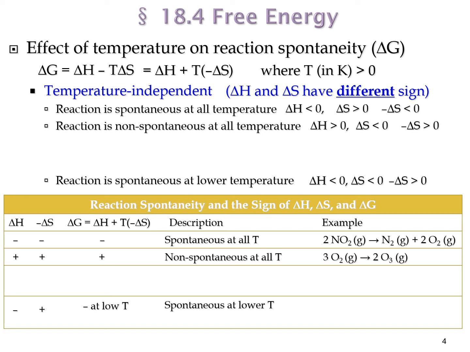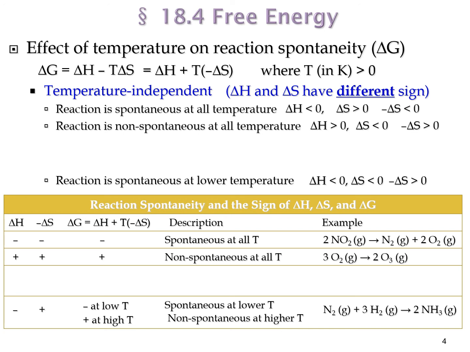However, if temperatures are high enough to make T times negative delta S more positive, which can cover the value of delta H, that would make delta G positive.